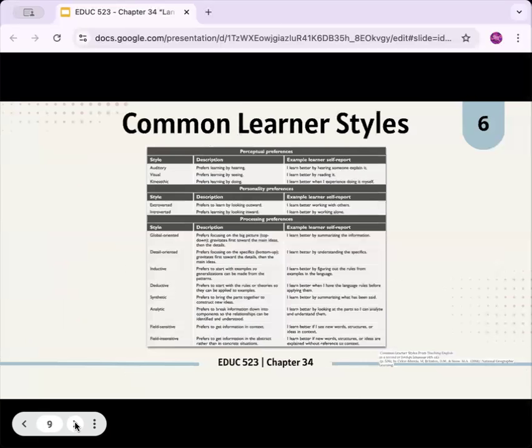Here we have the common learner styles. So as teachers, we can create more effective teaching strategies. Teachers can address diverse learning needs by varying instructional approaches, such as alternating between auditory, visual, and kinesthetic. Educators should be mindful of their learners' styles to avoid potential student mismatches, which could lead to learning difficulties.